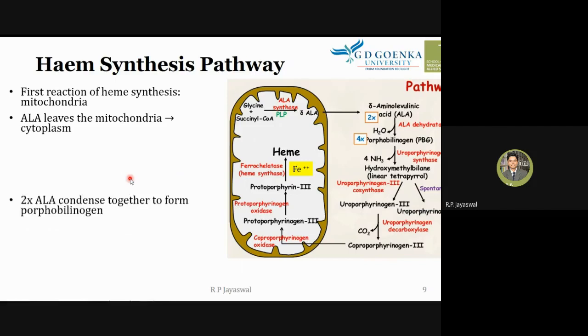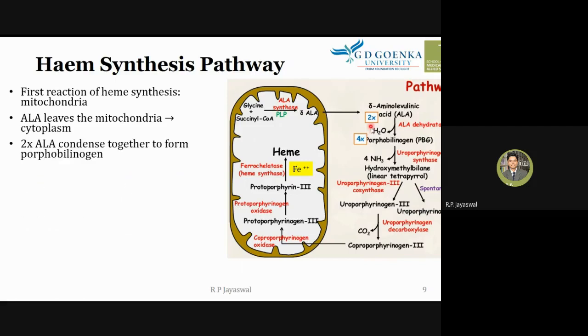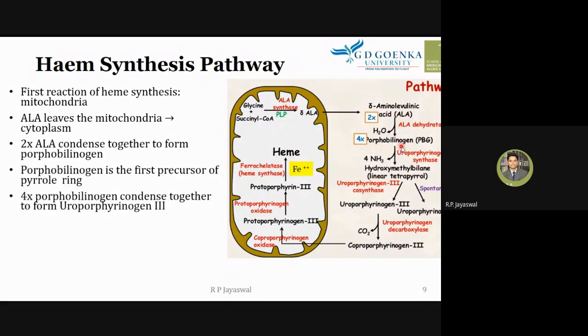Here we can see two molecules of delta aminolevulinic acid fused together and condensed to produce porphobilinogen, right? Porphobilinogen is the precursor for the pyrrole ring, and we can see that four molecules of porphobilinogen combine to produce uroporphyrinogen III.